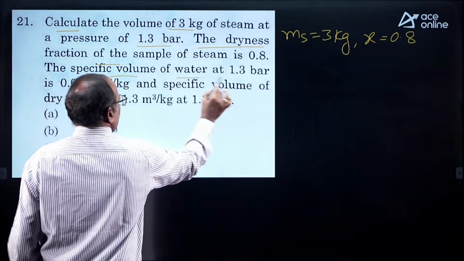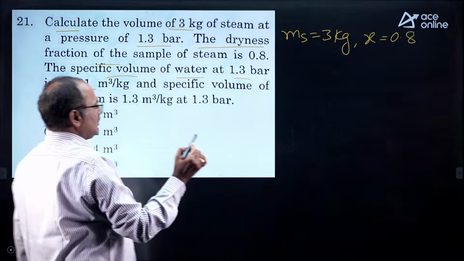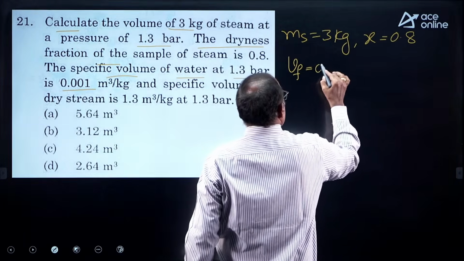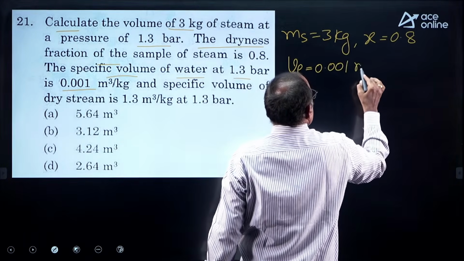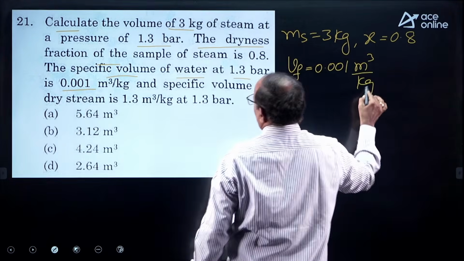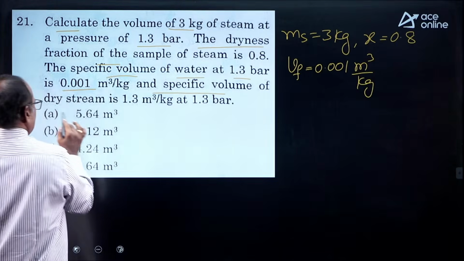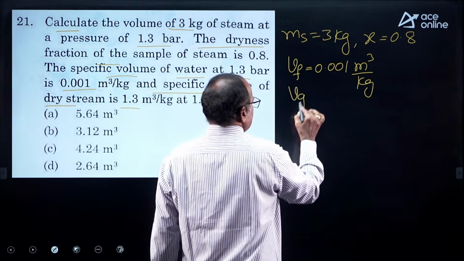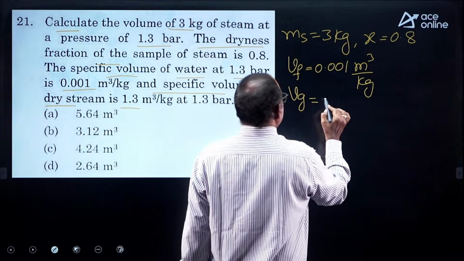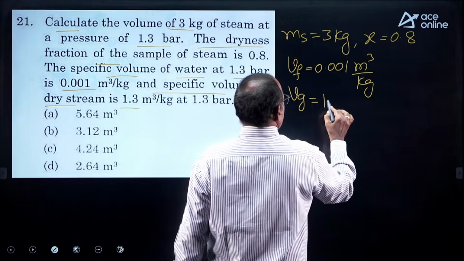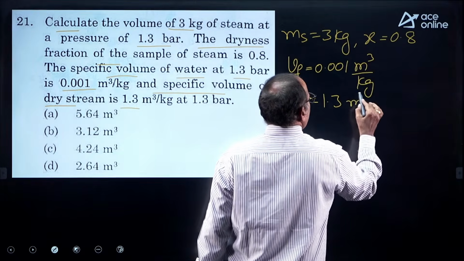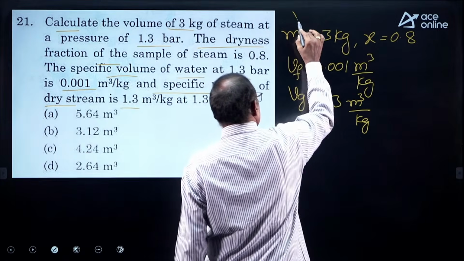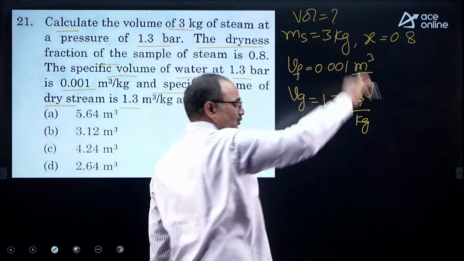The specific volume of water at 1.3 bar, the specific volume of the saturated liquid, generally marked as Vf, is given as 0.001 meter cube per kilogram, and the specific volume of dry steam at the same pressure, which you can mark as Vg, is given as 1.3 meter cube per kilogram.